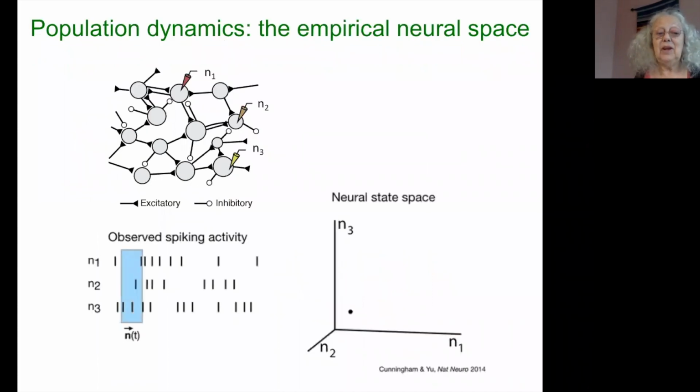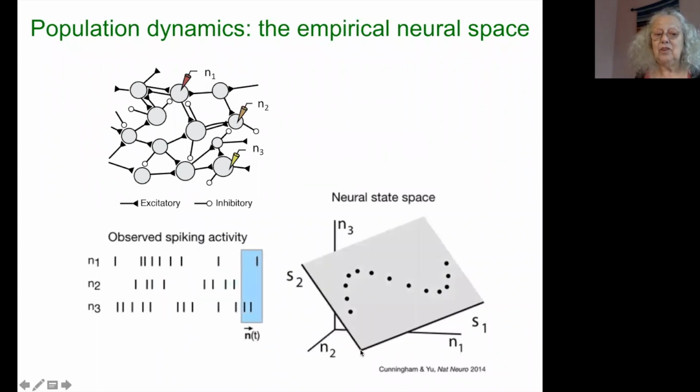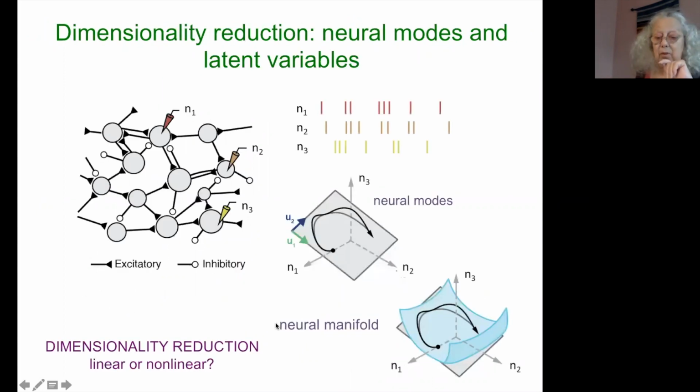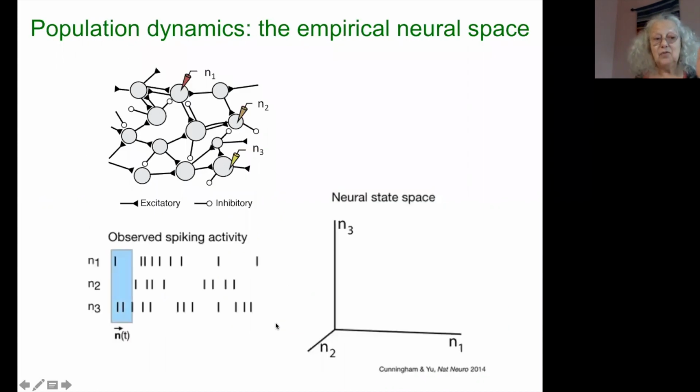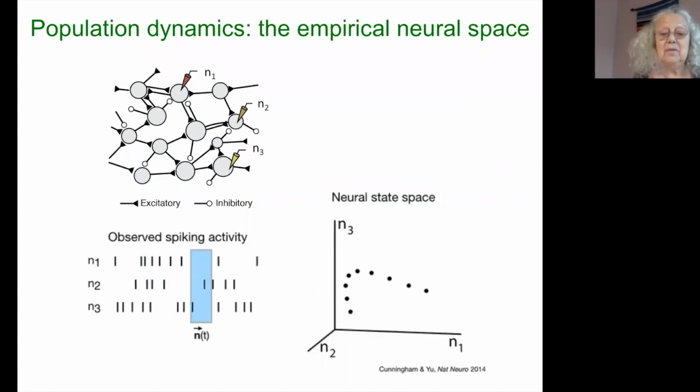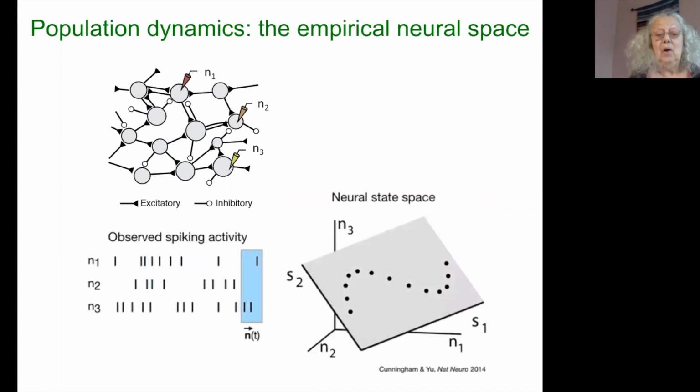So what happens if we now follow the activity of these neurons over time? Instead of taking a very large 300 millisecond bin, we take a smaller bin and follow the activity as a function of time. At any time, we get a point in this three-dimensional neural space, N1, N2, N3.